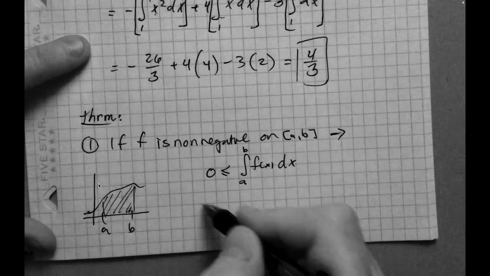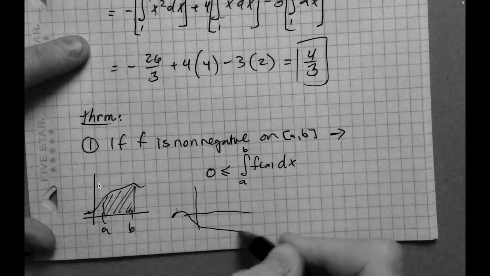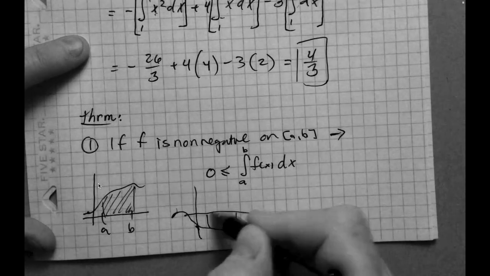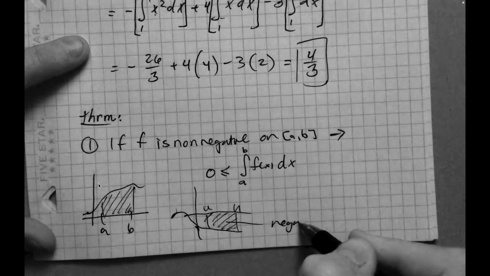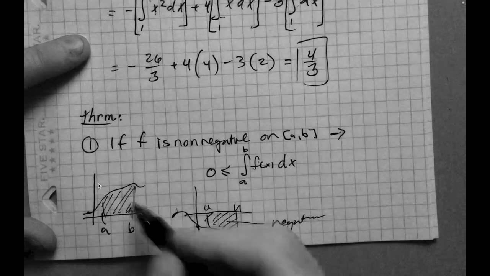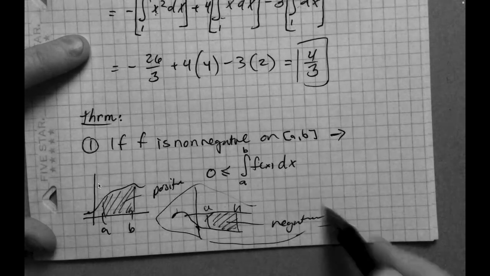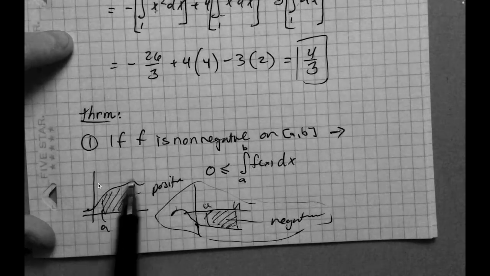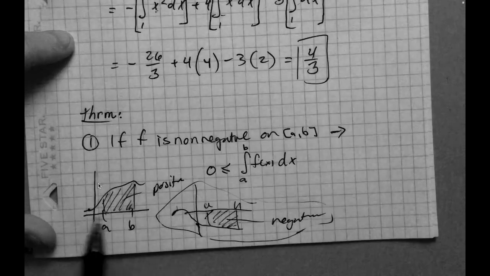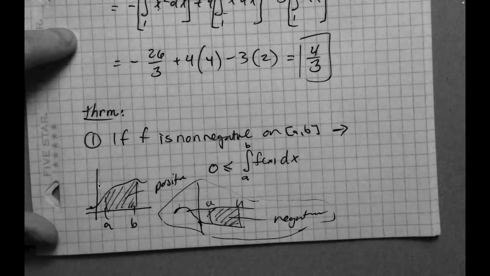You do run into negative slopes, and we'll talk about this more later, but if, for example, your function was down here and you want to know this area here, then this would be negative because it's below the x-axis. This one is positive, though. We'll get into this example more specifically later, but the idea is that functions that are positive will have positive areas, okay? And that's all this is saying.